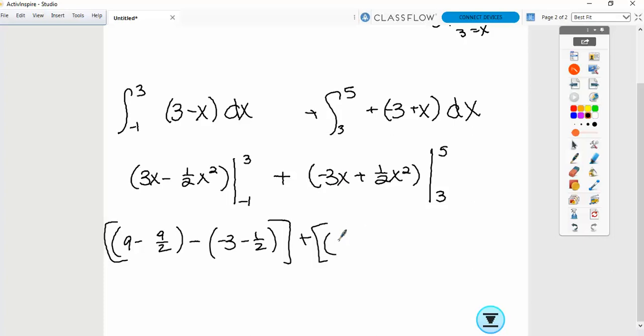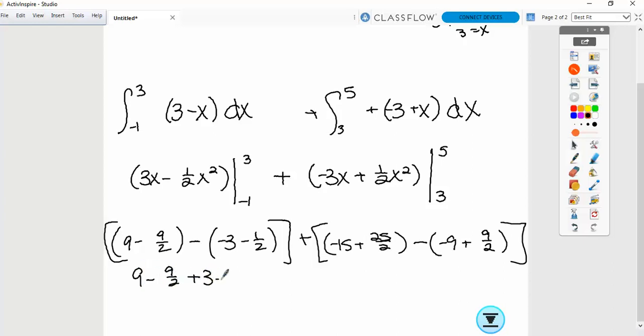Okay, put in the 5, so we get negative 15 plus 25 over 2. Minus, if we put in the 3, we get negative 9 plus 9 over 2. So we need to clean this up as much as possible. I'm showing my work just to kind of help prepare you for doing it without a calculator.